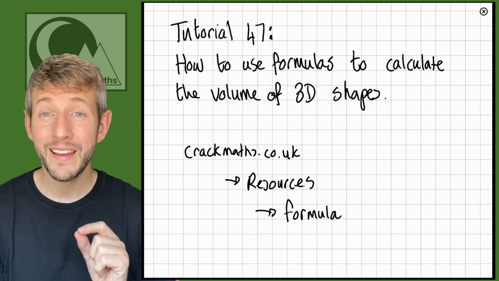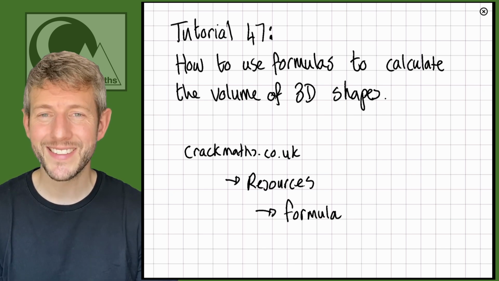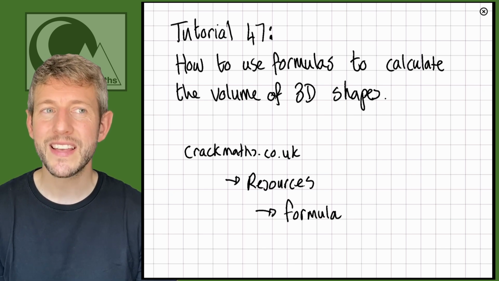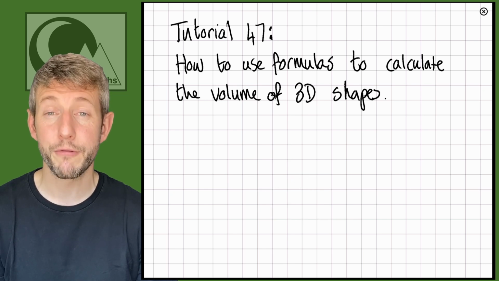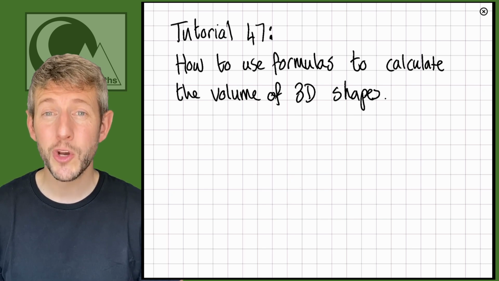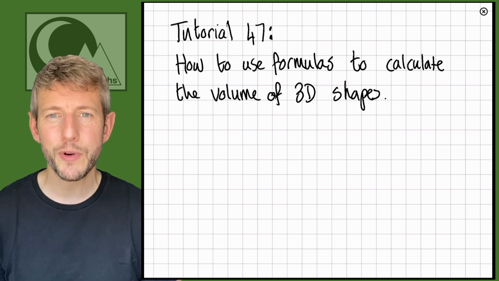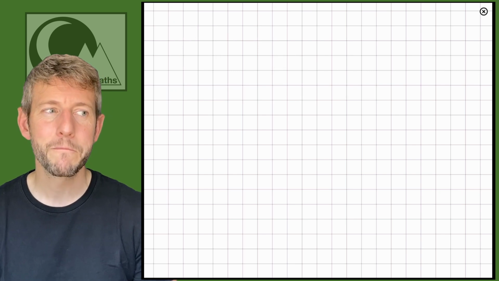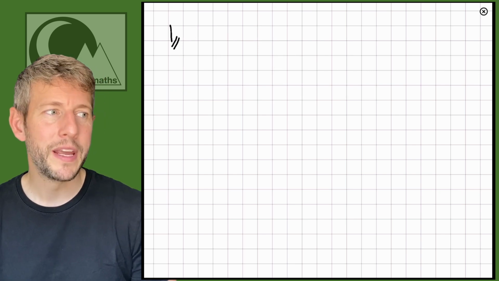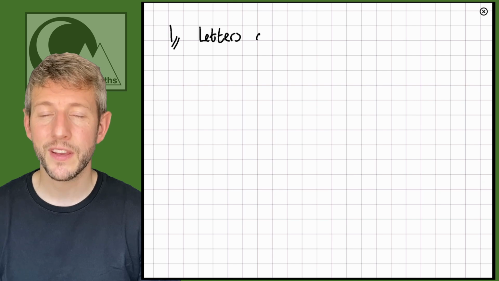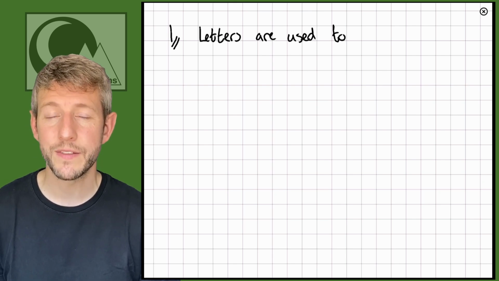Right, let's get started on today's lesson, which is how to use formulas to calculate the volume of 3D shapes. For this topic, I would say there's three main things that you need to know. Firstly, letters in maths can often be used to hold the place of numbers.